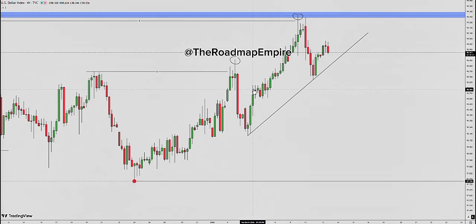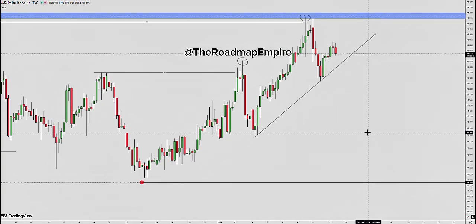I think I will just draw out the zone, so we'll make everything look straightforward, and we'll just wait from now till tomorrow to see how the market is going to react to those levels.